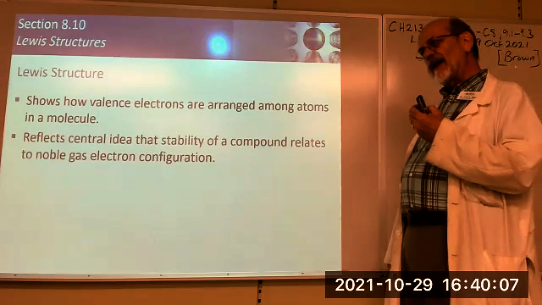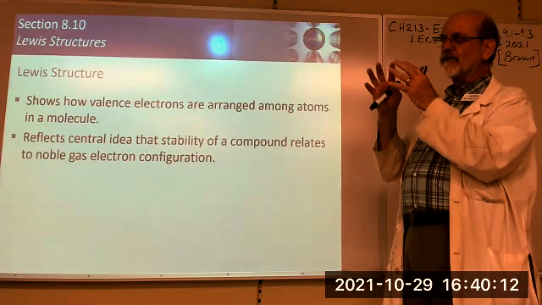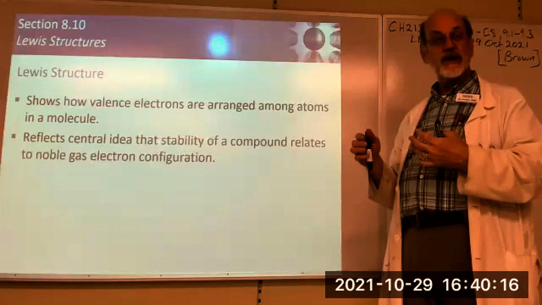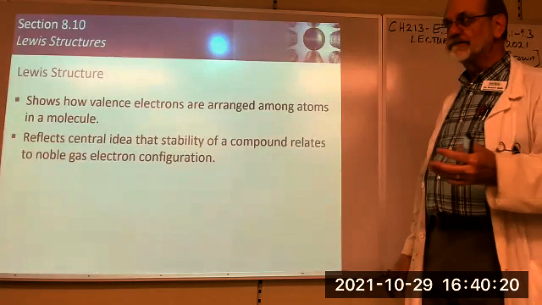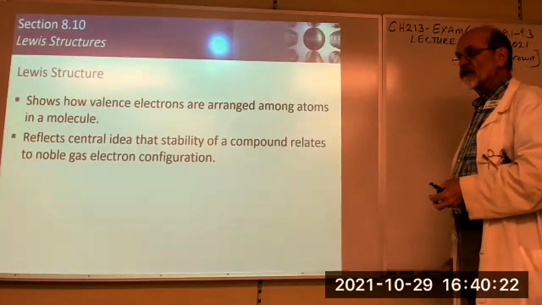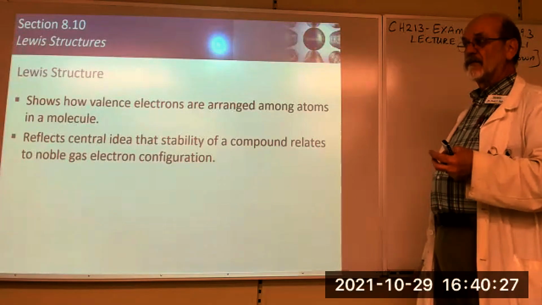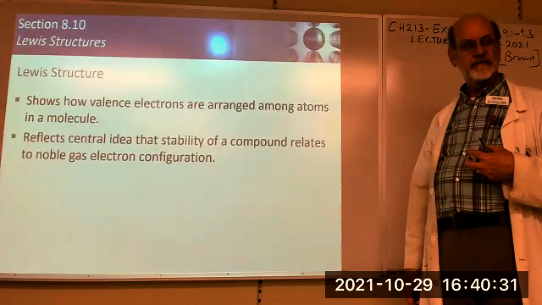So if we were able to use the symbols on the periodic table, and then around them only put the valence electrons, those that were involved in the reaction itself, the rest of them you could just ignore because they're not involved. And he assumed that the reaction tended to make a complete octet.